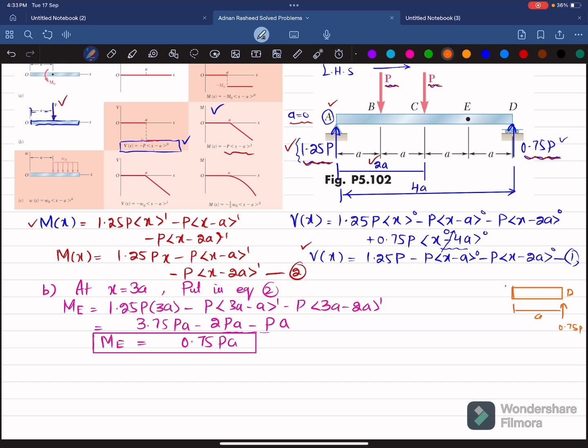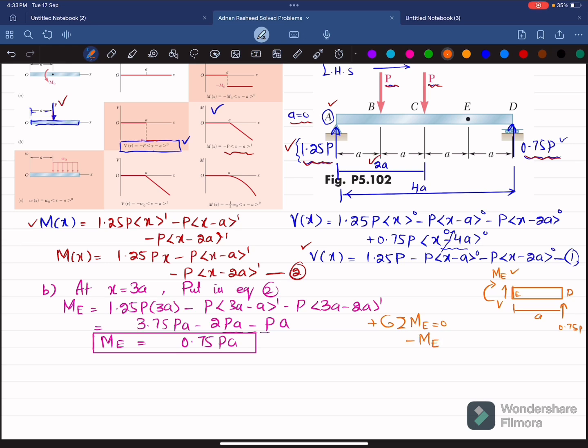When you cut it, you will have a shear force V, and you will have a moment M E, because this is point E. Now you can apply the equation of equilibrium, that sum of all moments about point E is equal to 0, taking the counterclockwise moment as positive. About point E, one moment is minus M E, because this is clockwise.